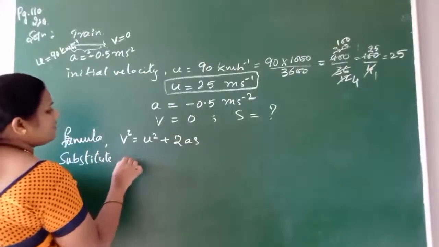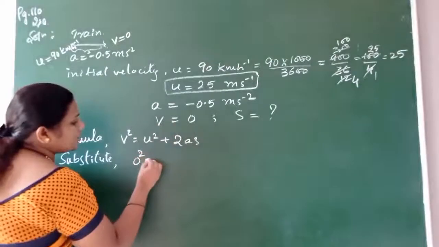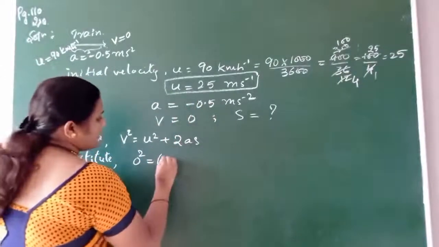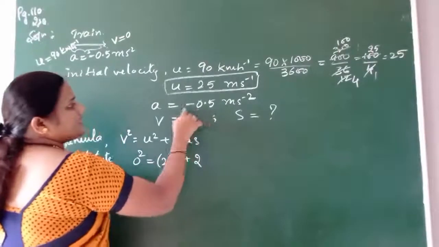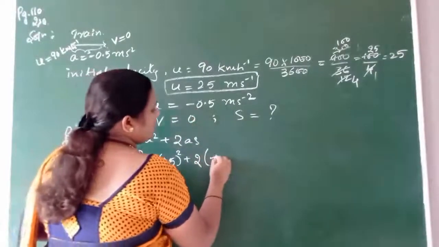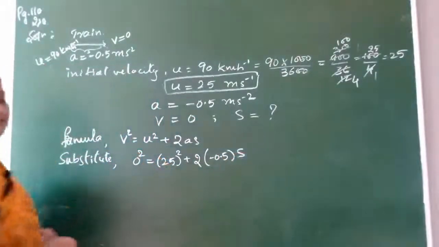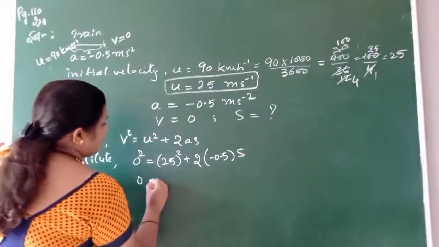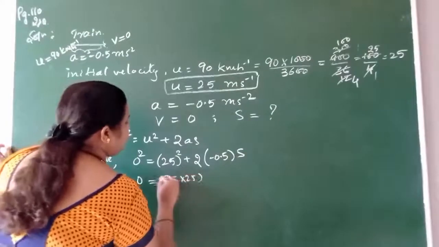Substitute the given values. What is V square children? 0 square. U square, nothing but 25 square plus 2. What is this acceleration value? Minus 0.5. Yes, we don't simplify, take it as it is, isn't it? So 0, 25 square can be written as 25 into 25.